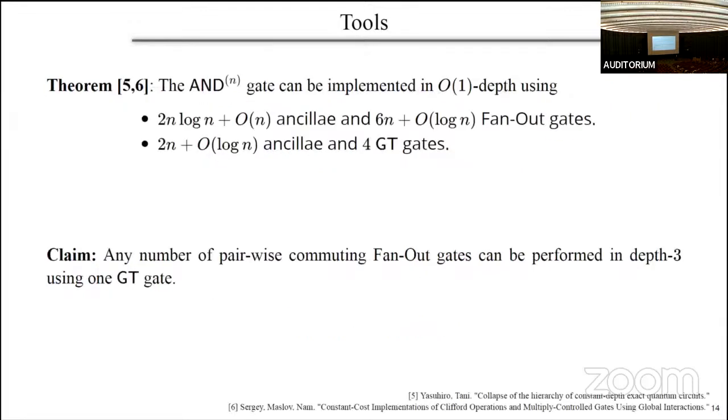Other tools are the known constructions for the AND gate that were done by Hsieh and Tani, Sergey, and others. You basically can do an AND gate in constant depth using a linear, n log n, number of ancillas and fan-out gates, or only 4 GT gates. And the final result that we use is that if you have a bunch of pairwise commuting fan-out gates, you can basically compress them and think of them as just one GT gate.